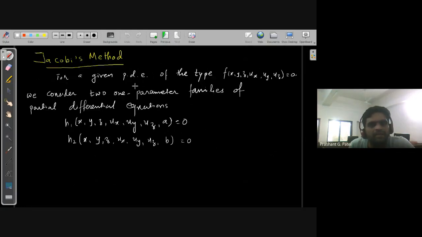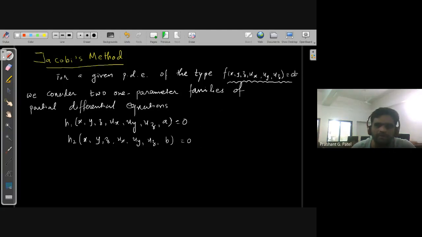Now let us discuss Jacobi's method. Consider f of x, y, z, ux, uy, uz as a differential equation of this type, and consider a two parameter family, that is h1, a one parameter family x, y, z, ux, uy, uz, a equal to 0, and h2, this family.